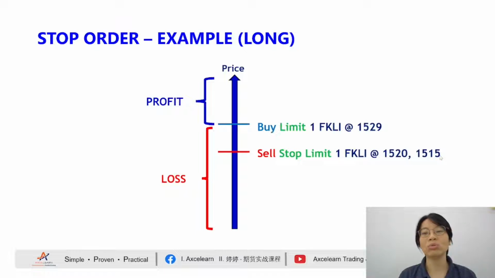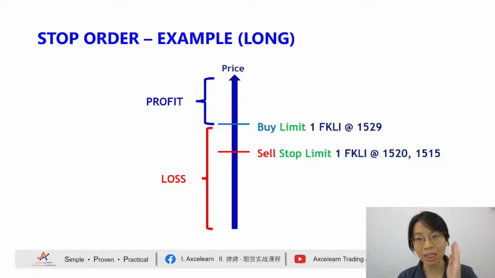I'm going to explain to you right now. If I bought at 1529 and the market starts to move higher, I make a profit, it's okay. If the market starts to drop, once it reaches 1520, still remember the three key definitions? Once it reaches 1520, this stop limit order will be triggered.